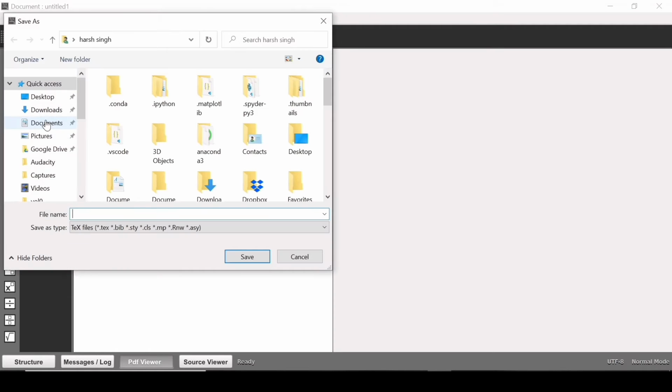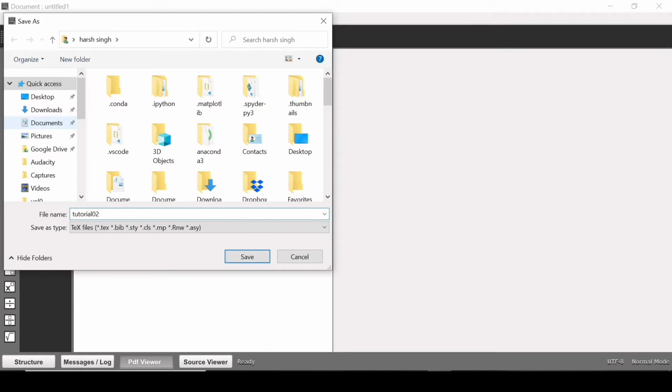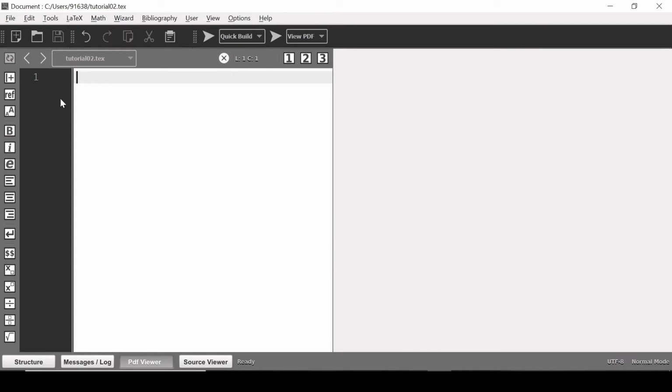So first, let's save the document. Let's name it tutorial 2. Document class article, 11 points. These are standard commands.